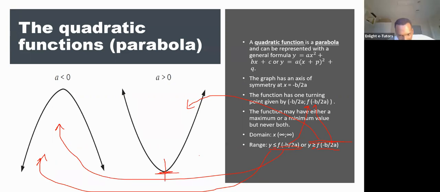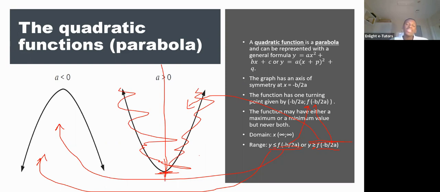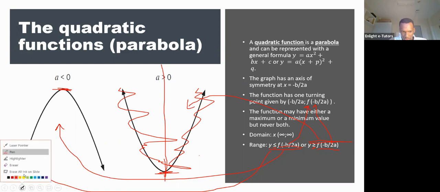All of these y values are above this minimum. So your range can't go beyond this point, and your range here can't go beyond this point. Here it has to be lower than this point, and here they have to be higher than this point. You get what I'm trying to say? I do. Exactly. Thank you very much.